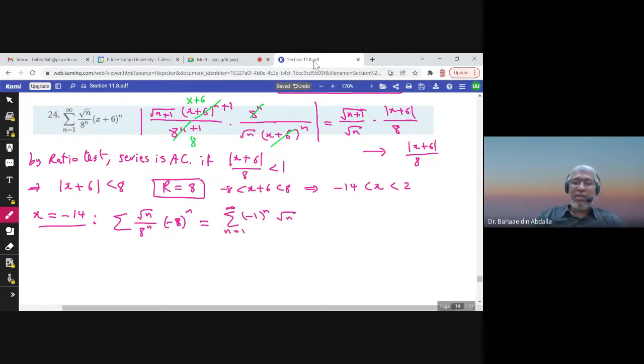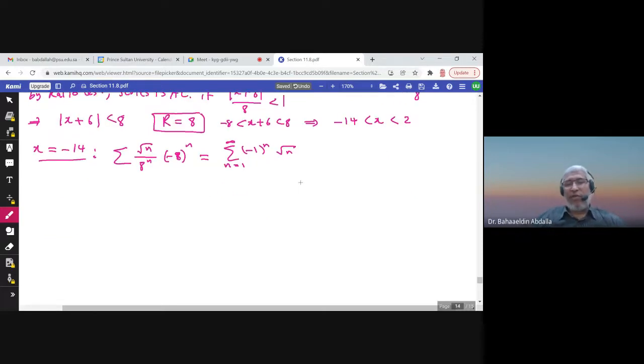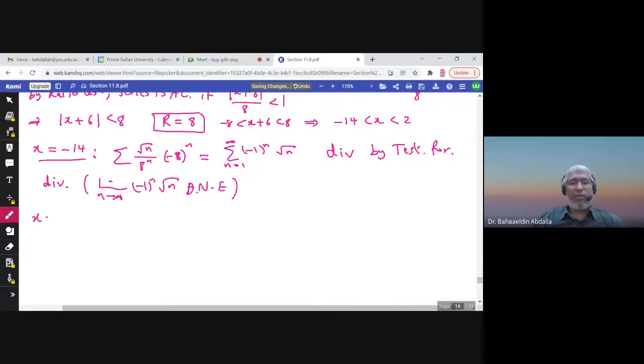And this series is in fact divergent by test for divergence, because you immediately notice that the limit of square root of n when n goes to infinity is infinity. So when we have -1 to the power n, the limit does not exist.